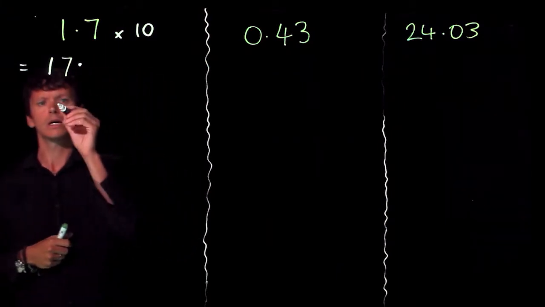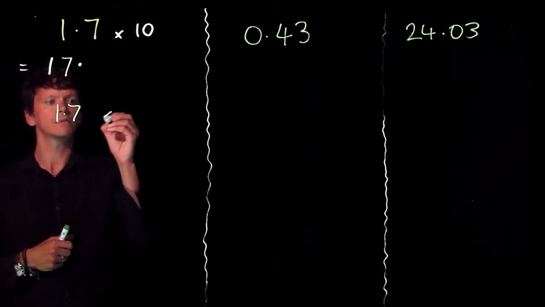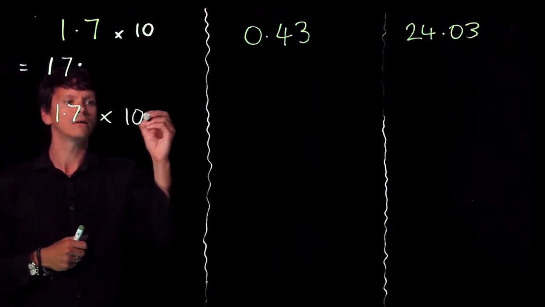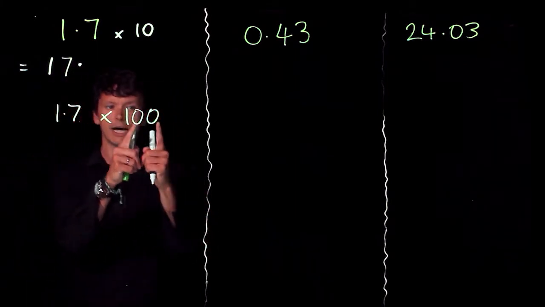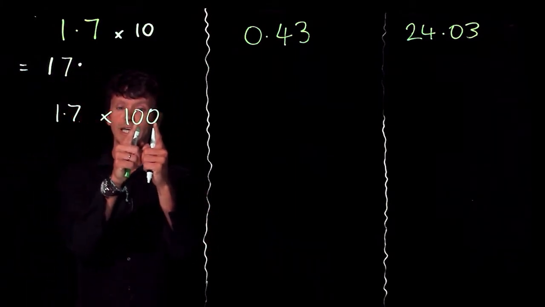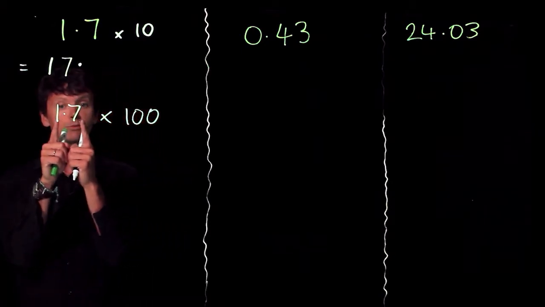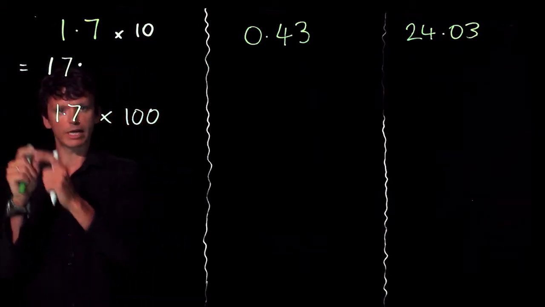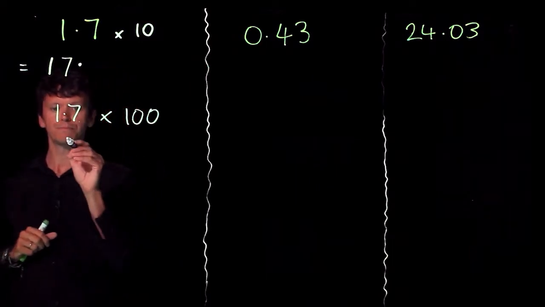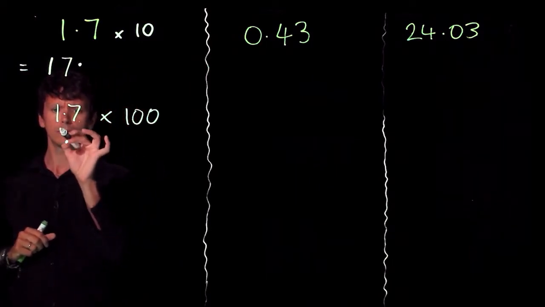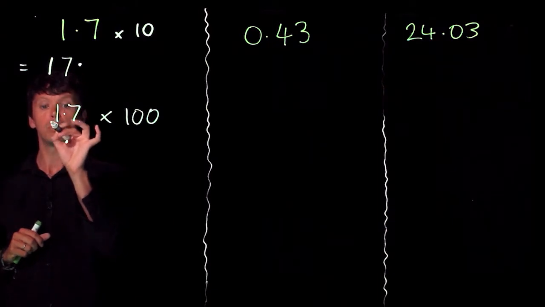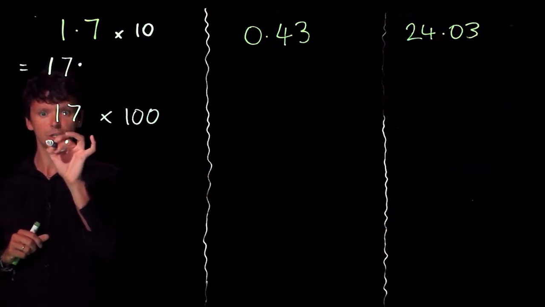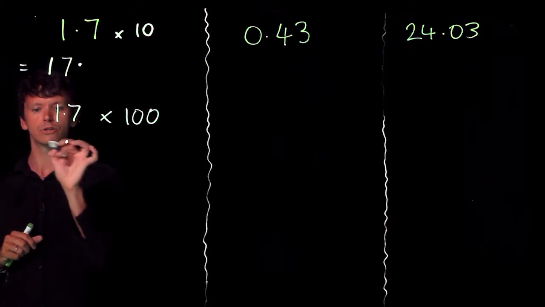So how about 1.7 times 100? Just the same as above, but here we're multiplying by 100, so we're going to move each of these digits 2 places to the left. Our 1, currently in the units, moves 2 places to the left, bypassing the tens column and going into the hundreds column.